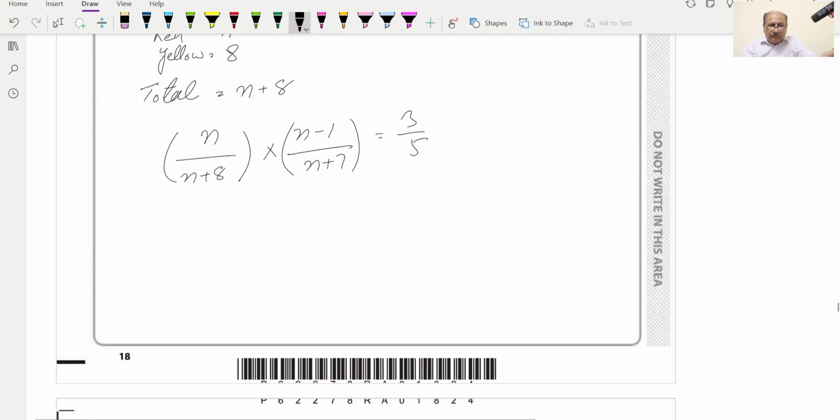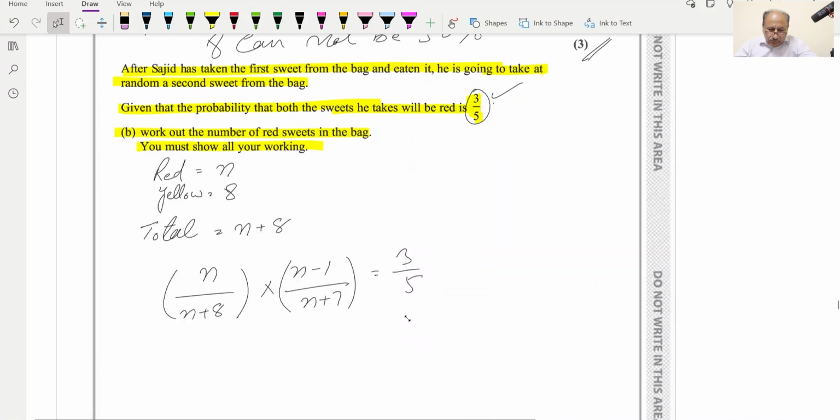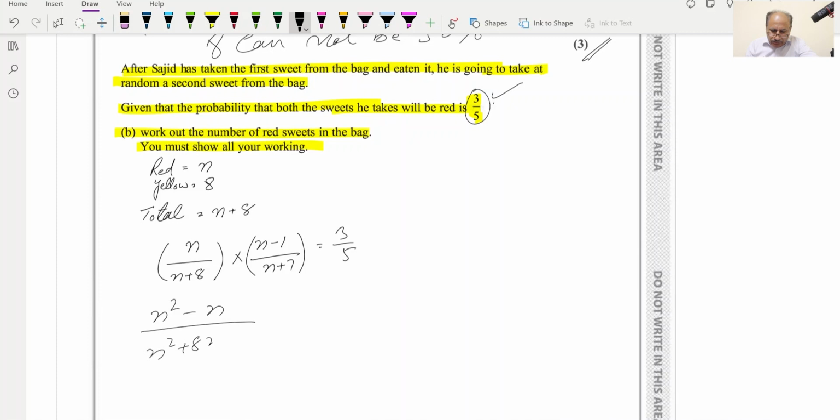Now we can simplify this one, and it will be what? We can reduce the size a little so that we can get more space. So now we can multiply numerator with numerator, so it will be n squared minus n over n squared plus 8n plus 7n plus 56, and this is equal to 3 by 5.